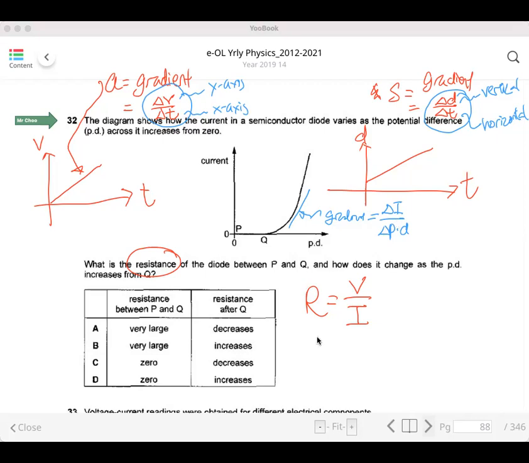But you know that the formula of resistance is V over I, while the gradient is I over V. You understand what I'm saying? So from P to Q, I over V is 0. So resistance will be the opposite. Opposite of 0 will be... Okay, so from here, can you all please continue to do?